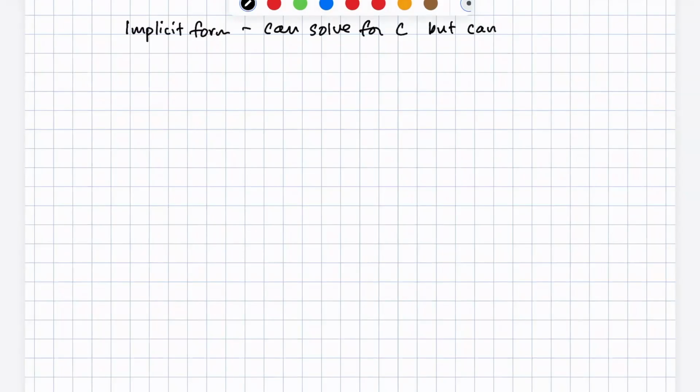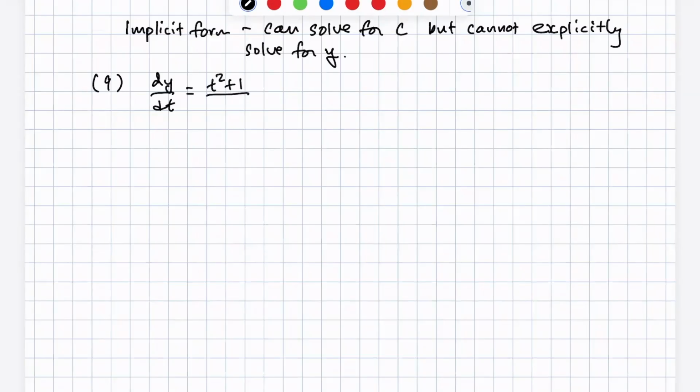So here are some examples. The first one is, let's consider dy/dt equals t squared plus 1 over 1 plus y to the fourth, with y of 0 equals 1.